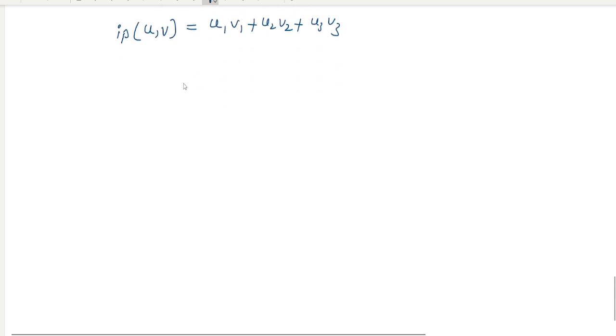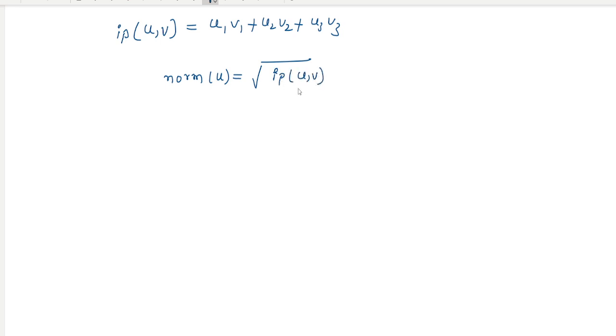Okay, so the norm of this vector can be written like this: the square root of the inner product of u comma u. Different vector spaces have different inner products.